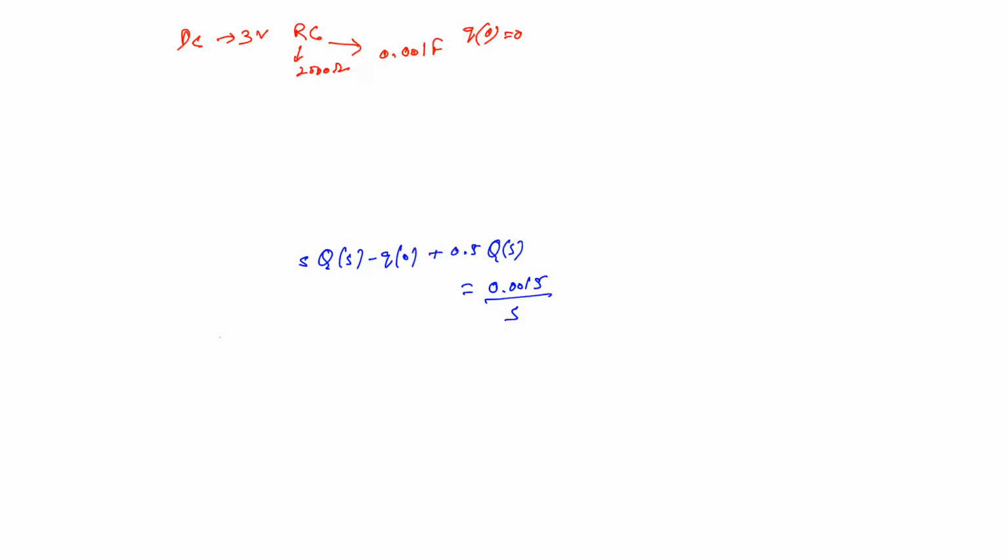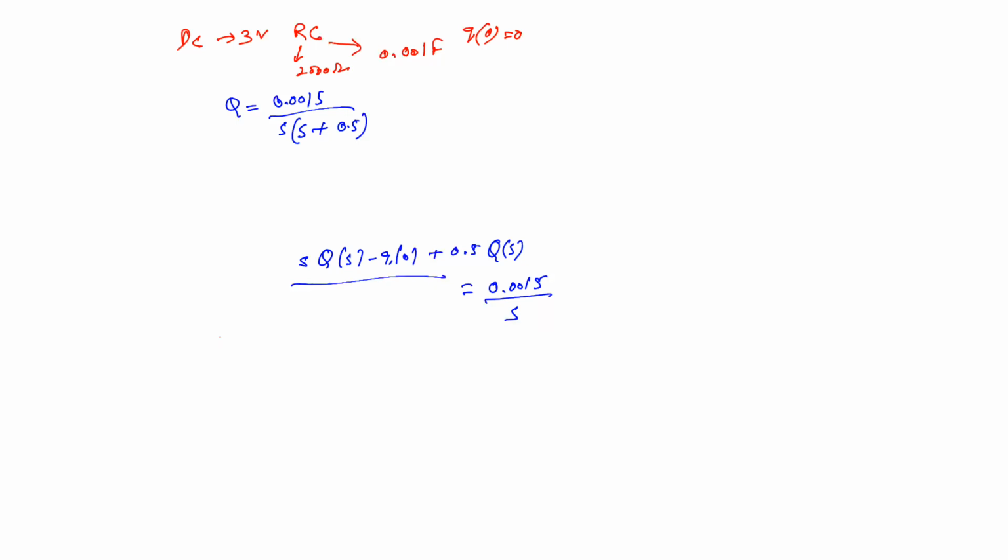We have used the derivative property, and Q naught is equal to 0. Finally, we get Q(s) as 0.0015 divided by s into (s plus 0.5). In the denominator these are distinct roots, so we can use partial fraction expansion.